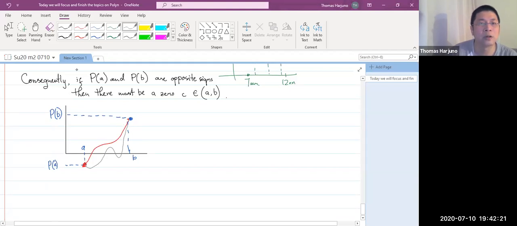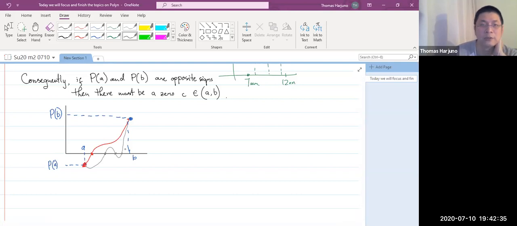That means as long as P(a) and P(b) have opposite sign, there must be a zero between A and B. To say even further, there must be an x-intercept in this case.